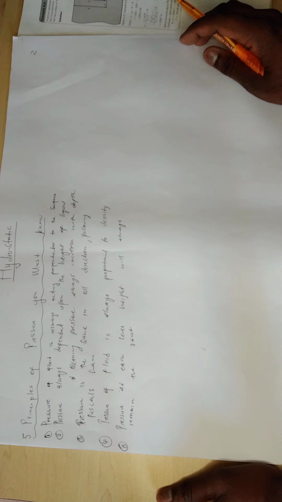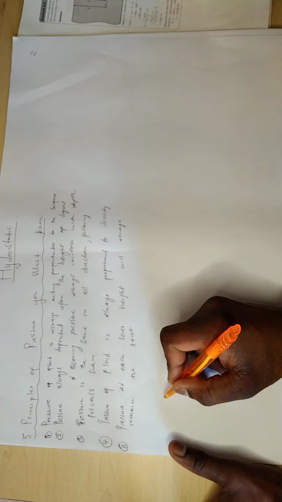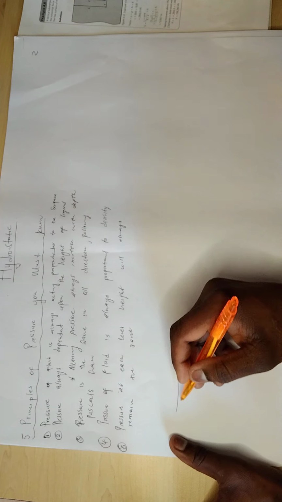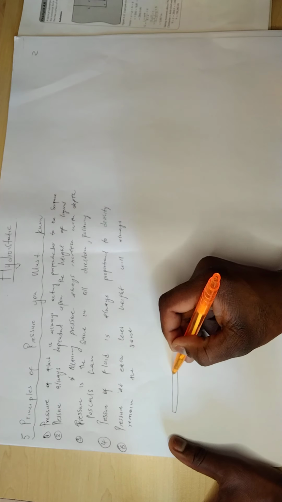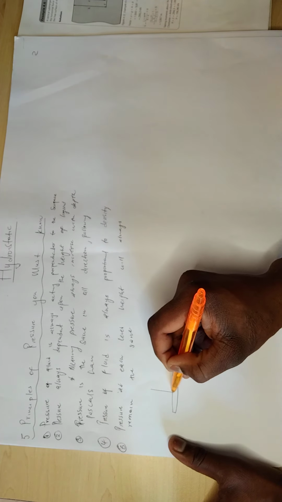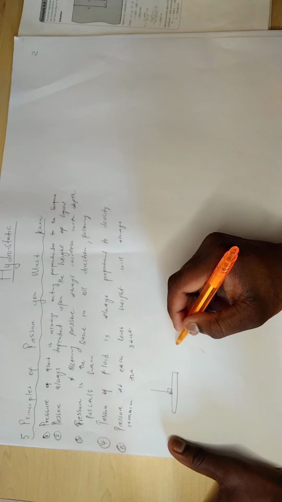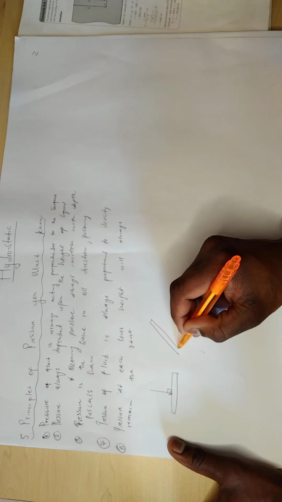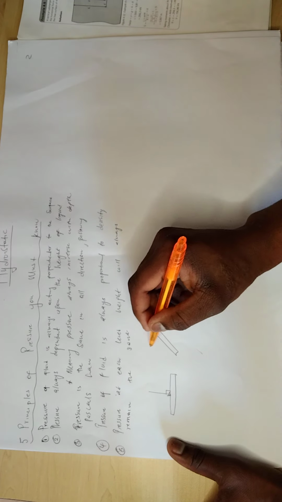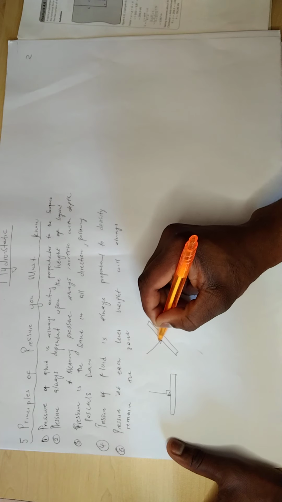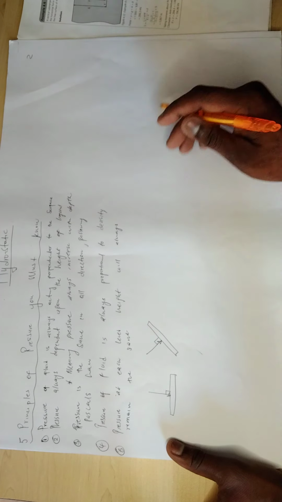When they say pressure of fluid is always acting perpendicular to the surface, they actually mean that if we have a surface where the fluid runs on a horizontal like this, the pressure will always act at 90 degrees to it. And if we have a surface that is on an incline like this, the pressure will always act perpendicular towards this surface.